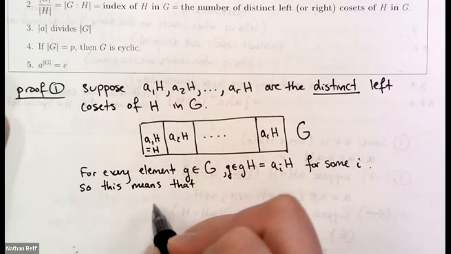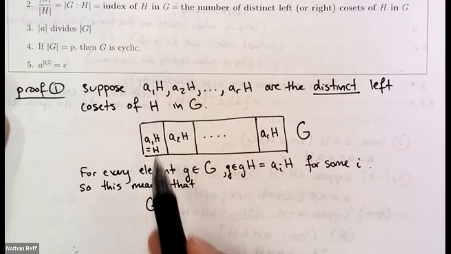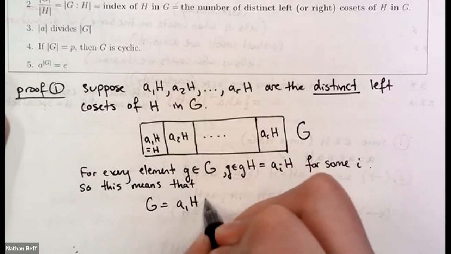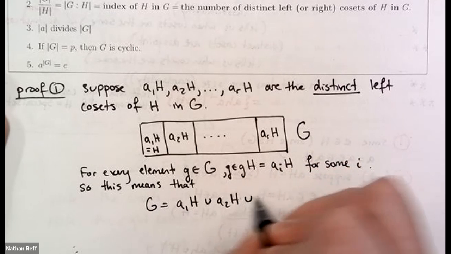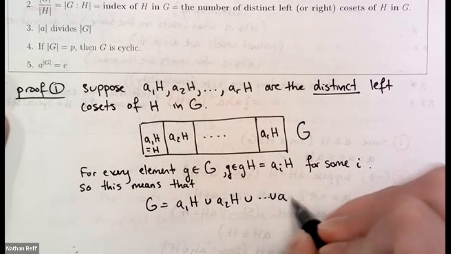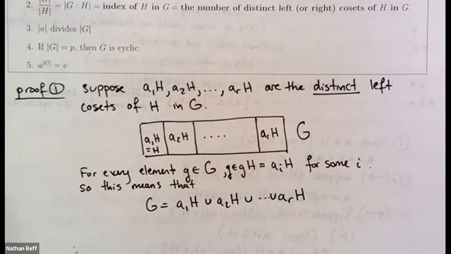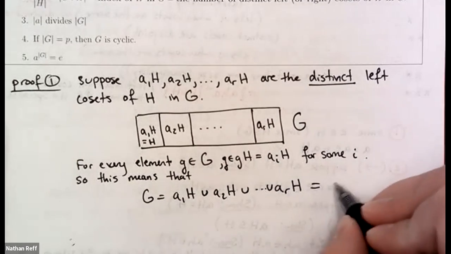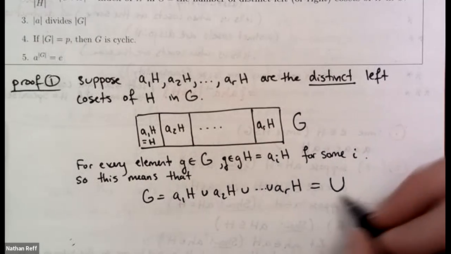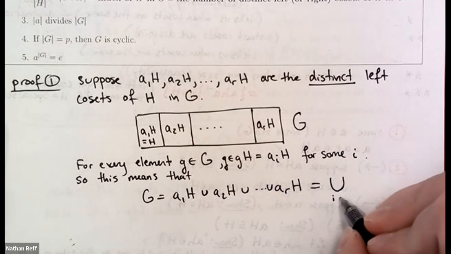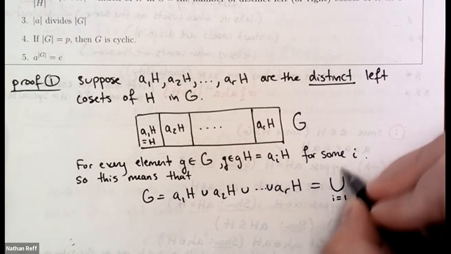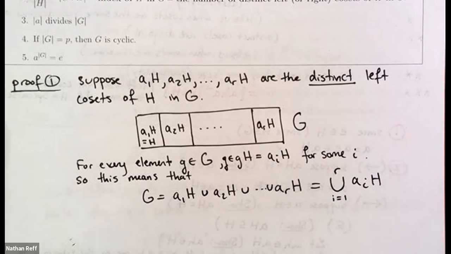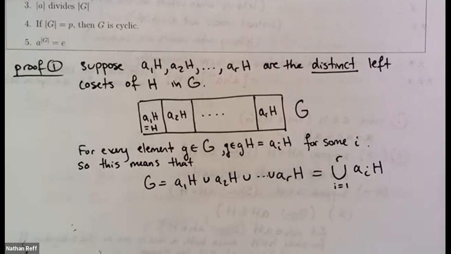Well, G would be the union of all these cosets, right? So G would be A1H union A2H union dot dot dot ARH. And in shorthand, some of you that have taken maybe analysis or topology, or in discrete, I usually show this notation, you can shorthand that just like you did with sigma notation, but with unions instead.